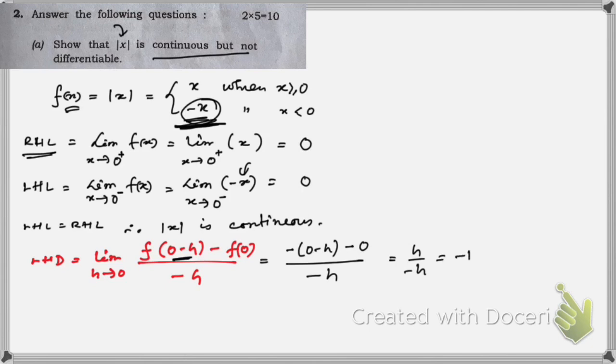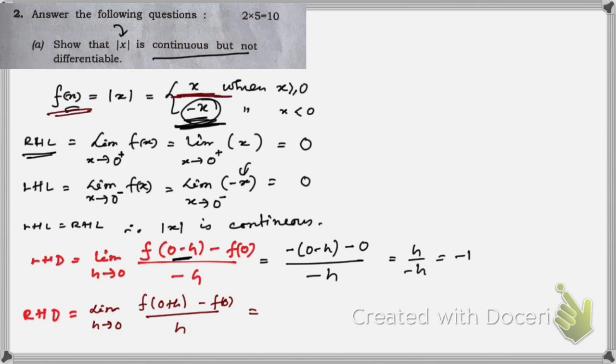Now if you find the right hand derivative, then what you will get is limit h tends to 0 of f of 0 plus h minus f of 0 divided by plus h, right? In that case, for the right hand limit, f of x is equal to x.